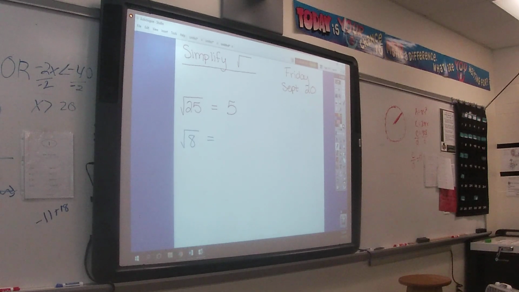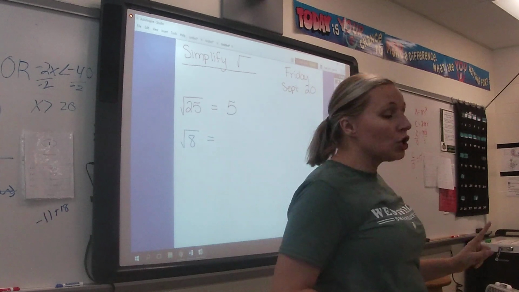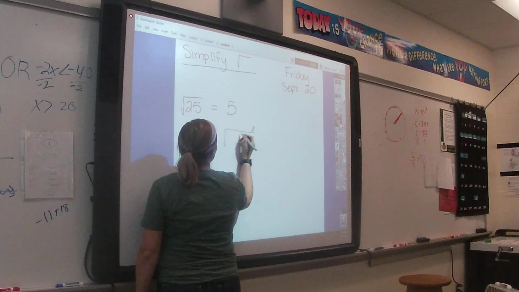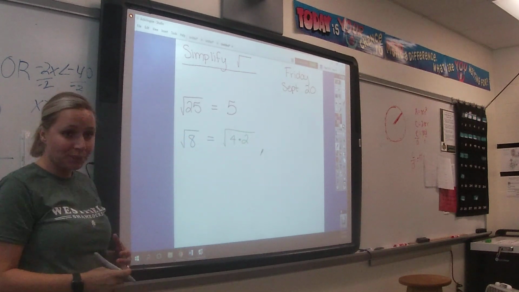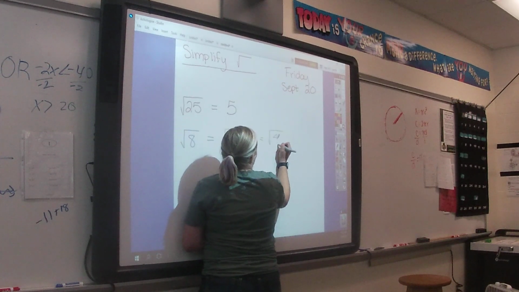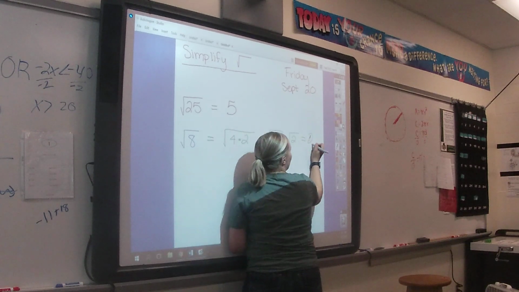We should agree that the square root of 4 is 2. The square root of 4 is the perfect square. So I could say that this is really the square root of 4 times 2, and I know that the square root of 4 is 2.